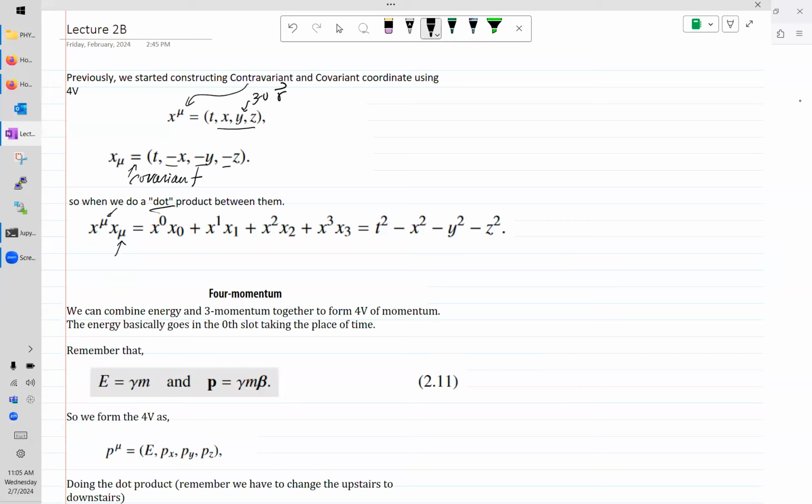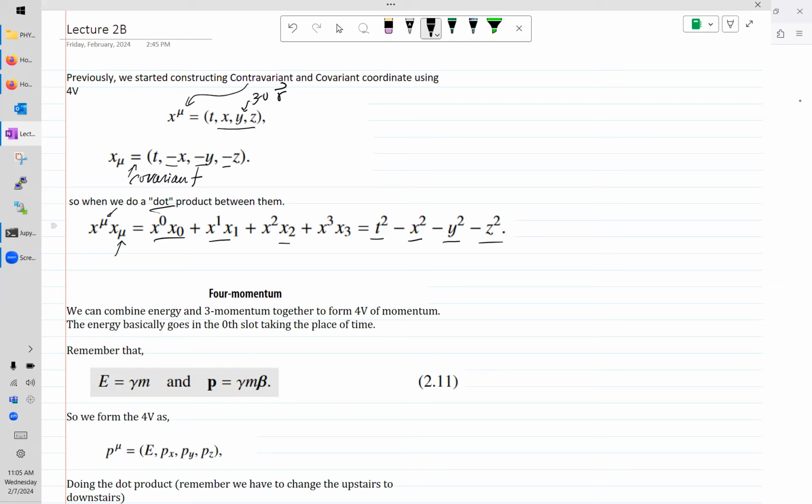That tells you which one is which, right? So you have a contravariant dot product with a covariant. And when you do this, you come up with t squared minus x squared minus y squared minus z squared. And that's actually a Lorentz invariant that we just saw in the beginning of last lecture, right? Okay, I'm going to apply this.